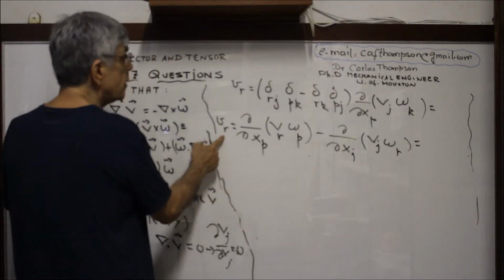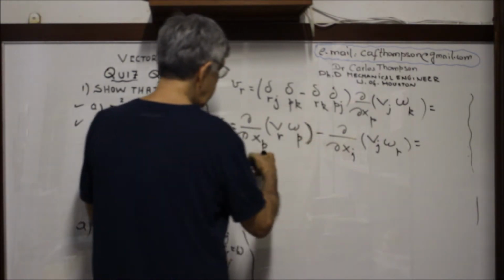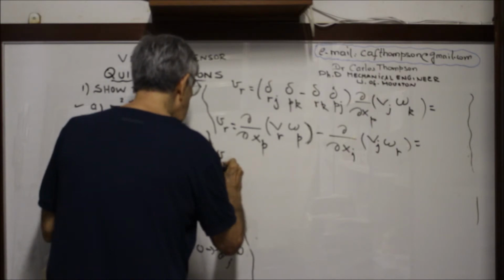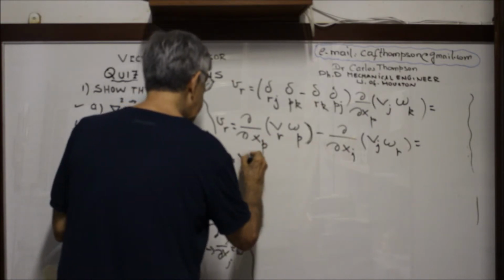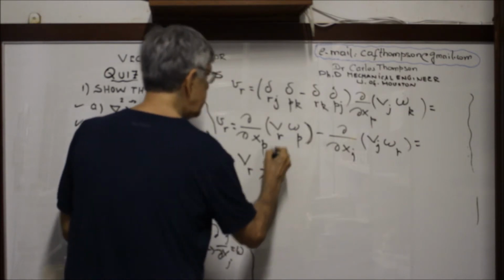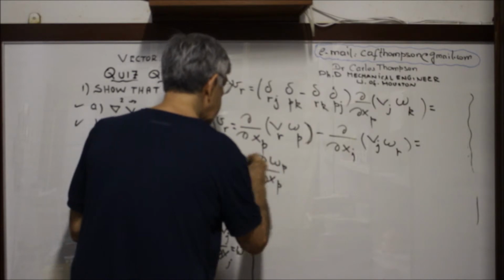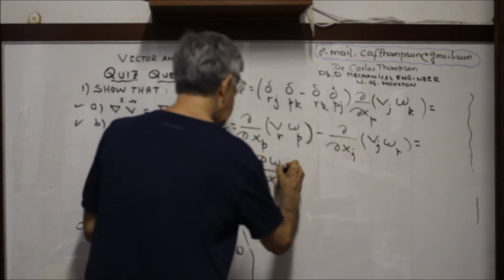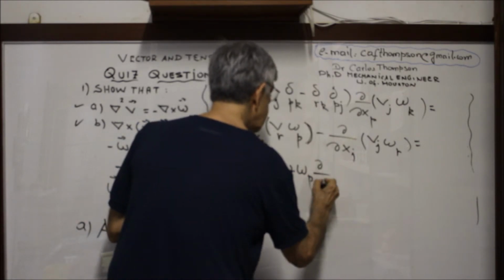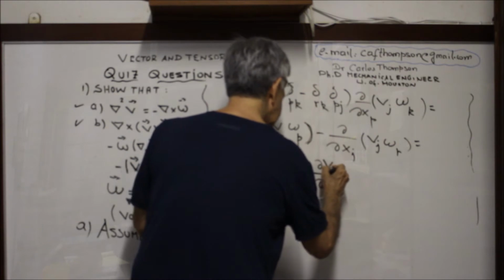So this R is a free index, so let's develop this derivative here. This is a product, so this will be capital VR, partial respect to xp of omega p, plus now omega p partial respect to xp of VR.